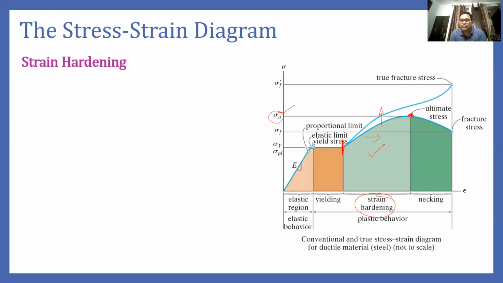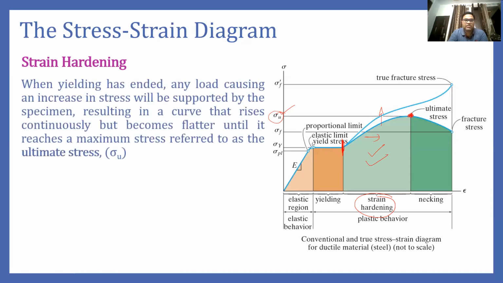This region is known as strain hardening because the molecules of the element are restructured and they attain some hardness again to take some more load. The maximum stress point in this region is sigma u.